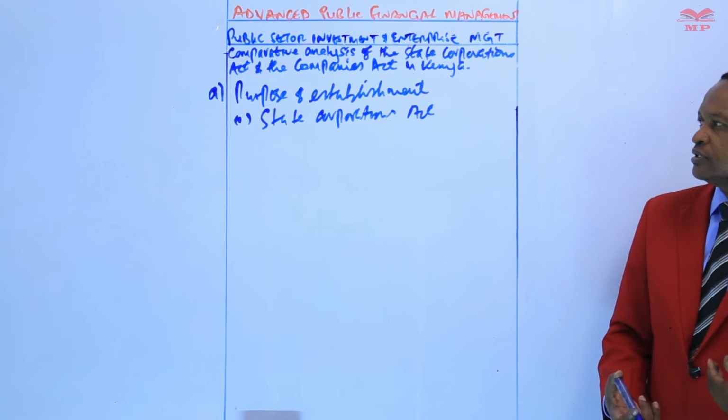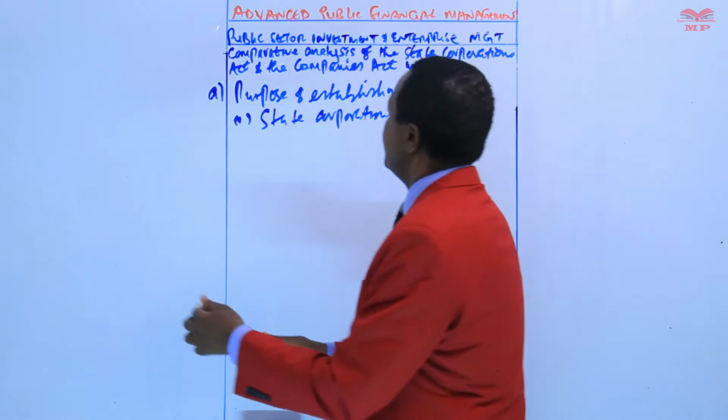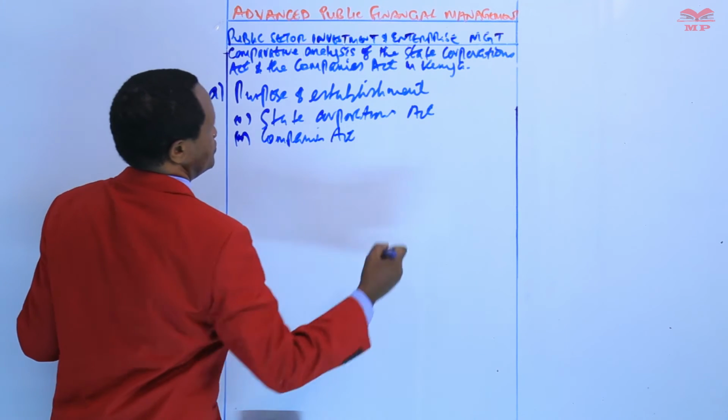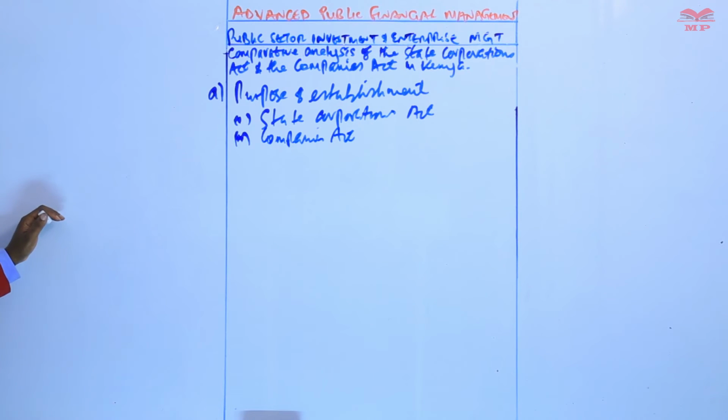How about the Companies Act? The Companies Act provides a comprehensive legal framework for the incorporation, registration, operation, and winding up of various types of companies, including private limited companies, public limited companies, and companies limited by guarantee.